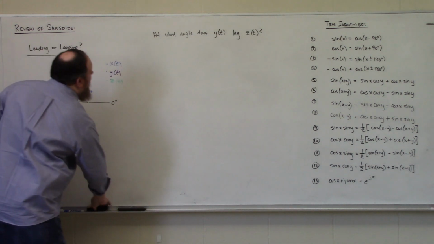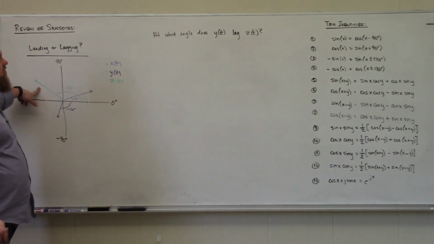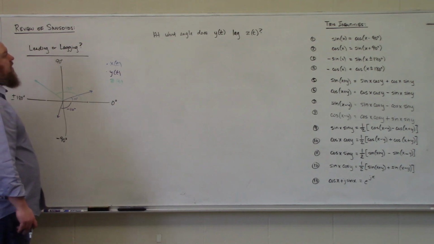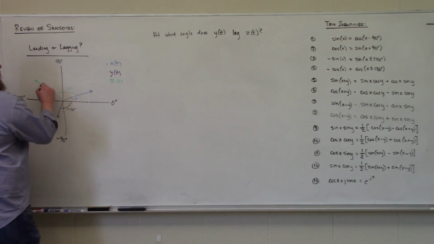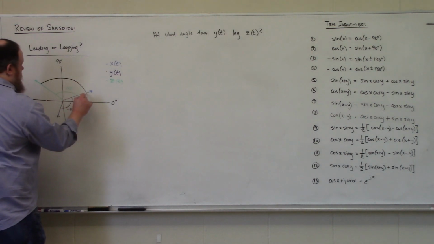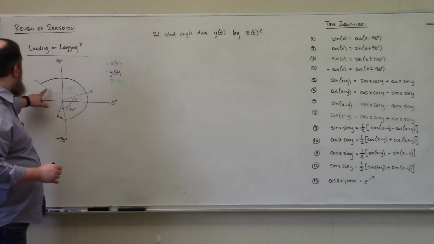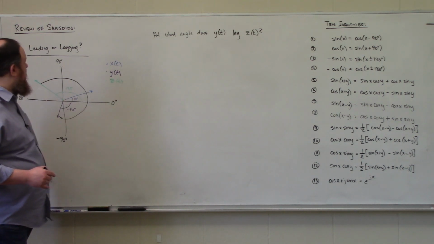So if we want to know by what angle y of t lags z of t, we start at z of t and we're going to start measuring clockwise. So here's z of t. So this is the angle that we're looking for, okay? So we have 135 degrees from here to here.